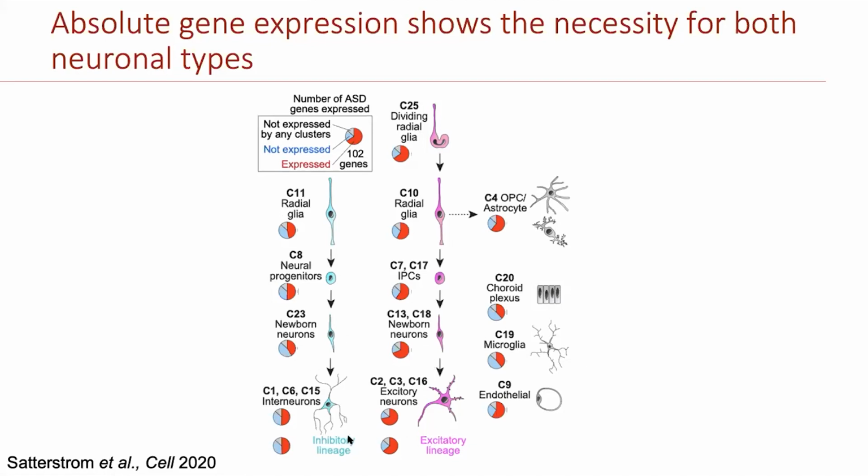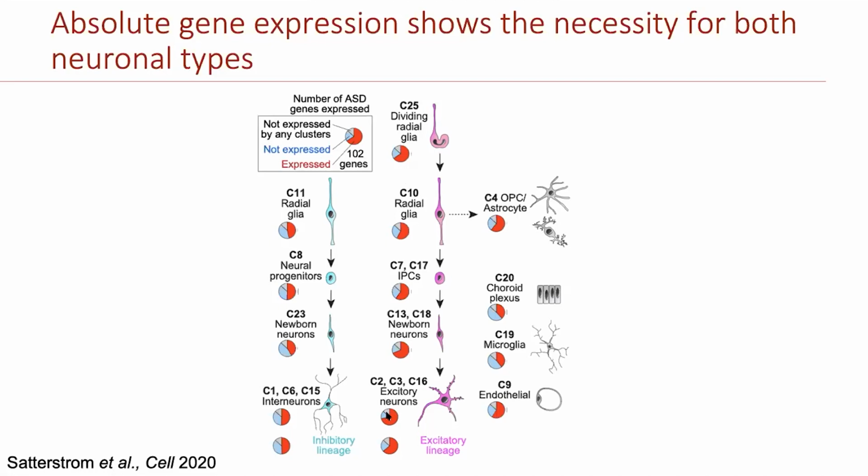The key difference we see here is down in the excitatory lineage, we see the most absolute expression of these cell types. There's a sort of summation at the bottom of it here of all of the excitatory lineage together. And you can see that a large number of these genes are expressed. But even if we take our best lineage, the mature excitatory neurons, we still find that there are some genes which are not expressed.